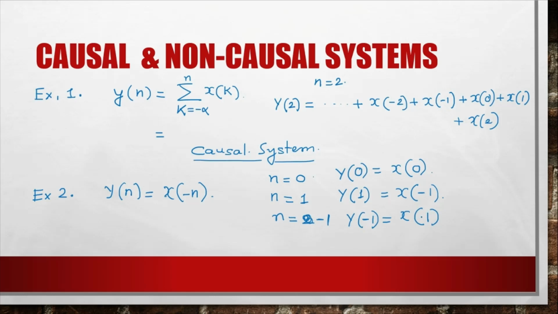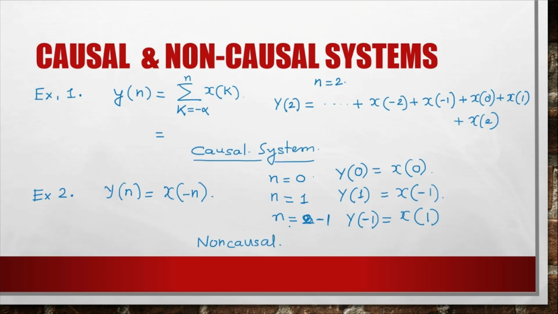So you want to get the output, but at that instant the output is dependent on the future value of input. Understand? So it is not satisfying the causality condition. Naturally, this system will be a non-causal system.